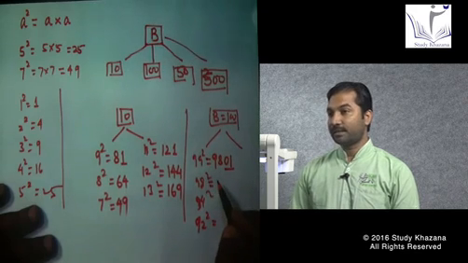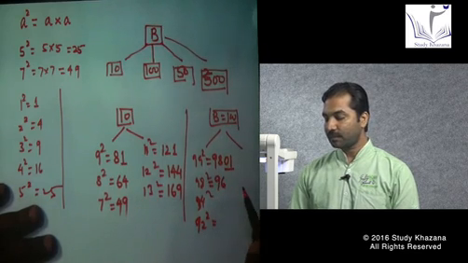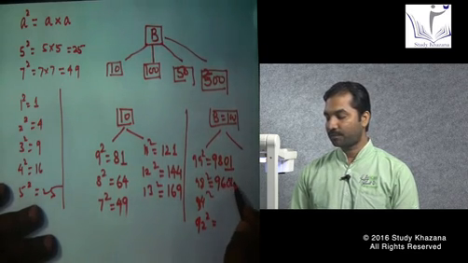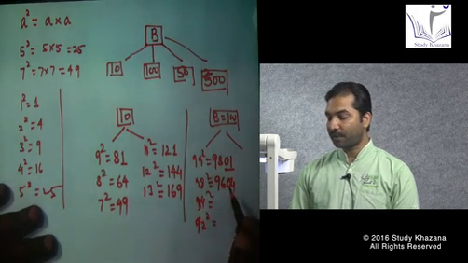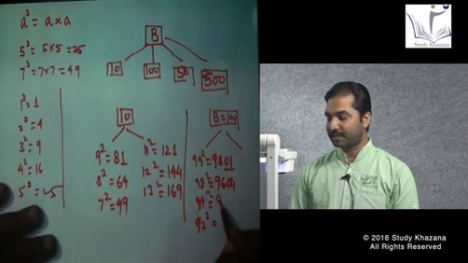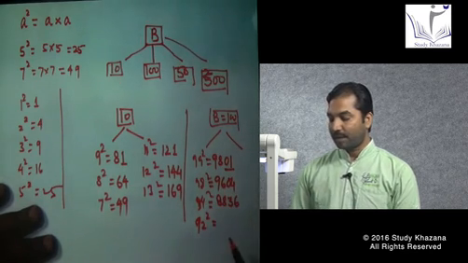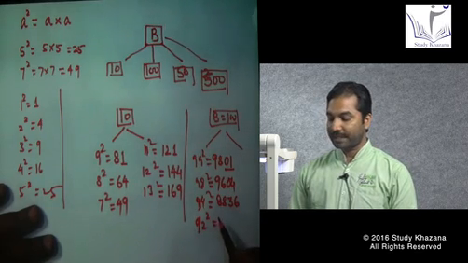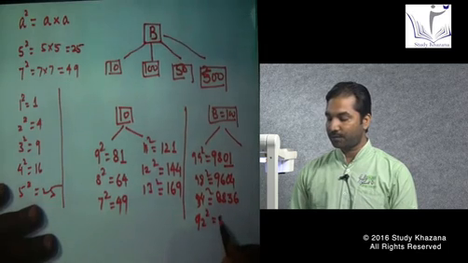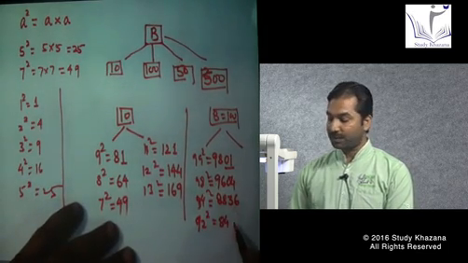Next, 98 is 2 less than 100, we subtract 2 from 98, it becomes 96, and 2 square is 04. 94 is 6 less than 100, we subtract 6 from 94, it becomes 88, and 6 square is 36. And 92 is 8 less than 100, we subtract 8 from 92, it becomes 84, and 8 square is 64.